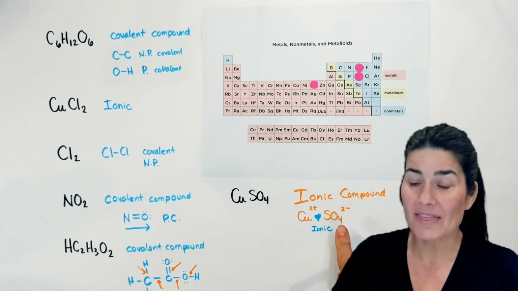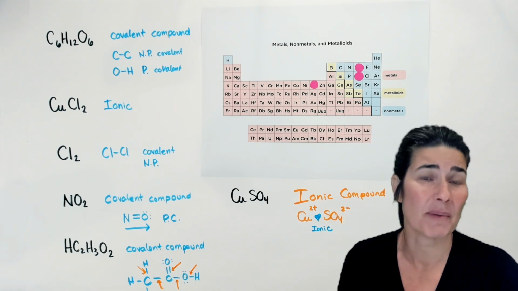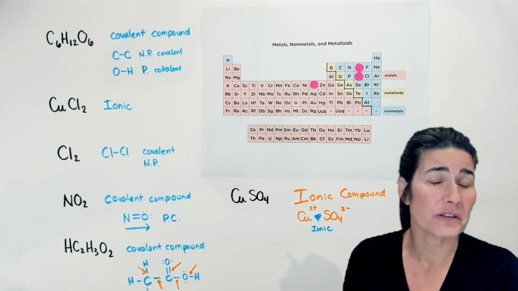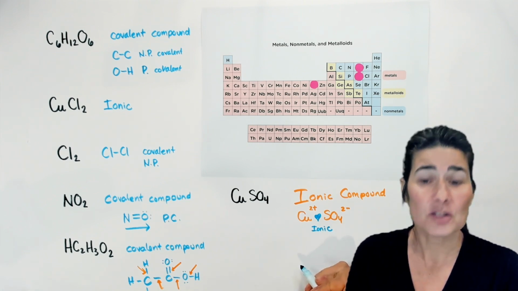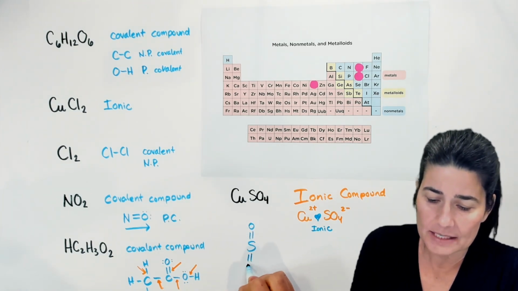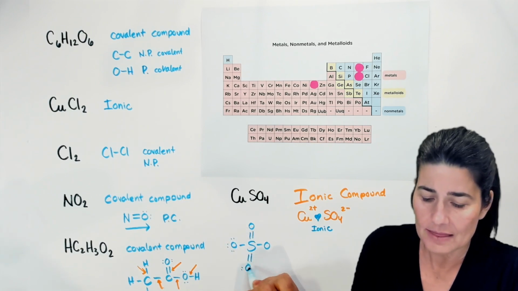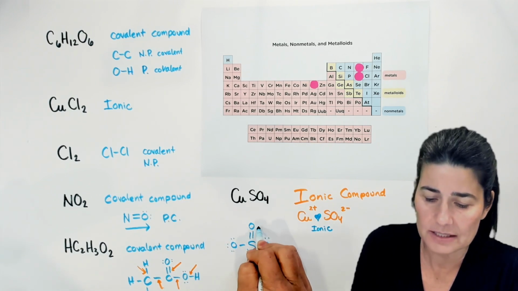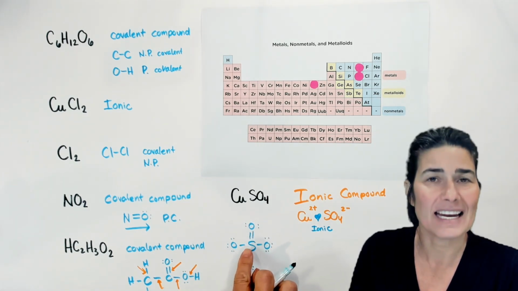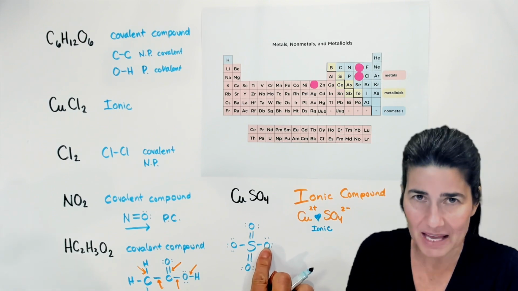But within the polyatomic ion itself, I need you to be careful of polyatomic ions. If you wrote out the structure for that polyatomic ion, sulfate is a sulfur that is bonded to 4 different oxygen atoms. And this is what its structure looks like. So this is a bond between a nonmetal and a nonmetal. That's a covalent bond.